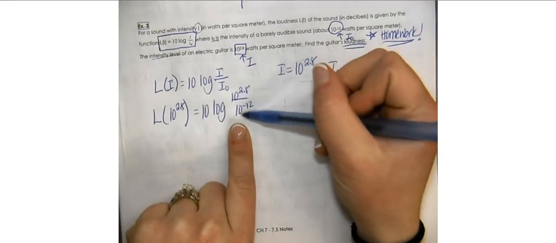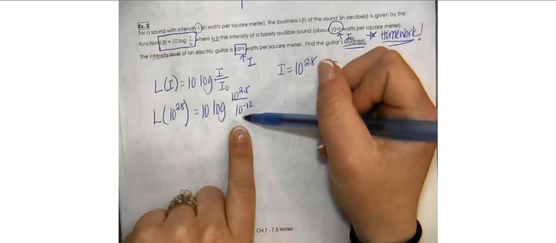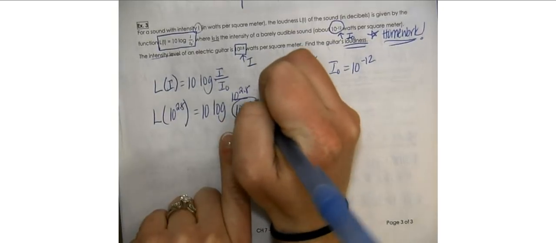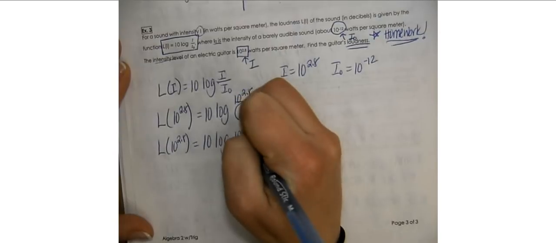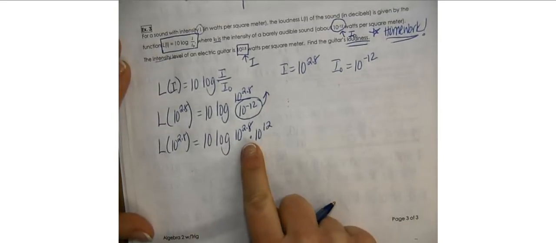What we have here is two powers with the same base, and we have our exponents. And this exponent is negative. It means it's not happy where it's located. So I'm going to bring that 10 to the negative 12th power up. So I have L of 10 to the 2.8 power is equal to 10 times log of 10 to the 2.8 power times 10 to the 12th power. So I brought that up and I'm now going to be multiplying.